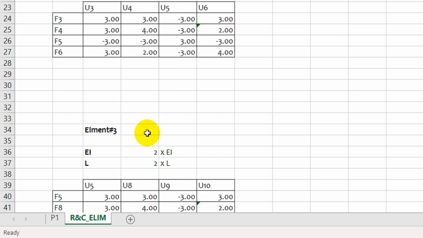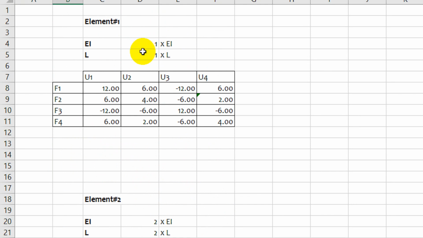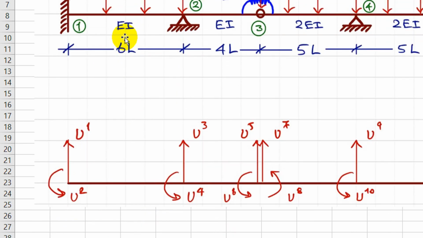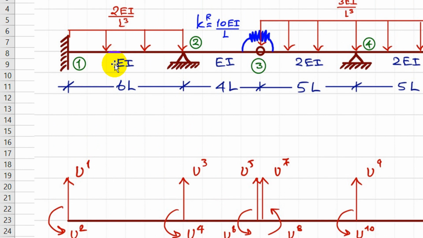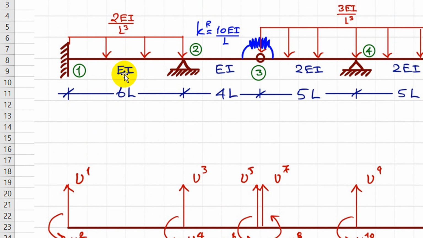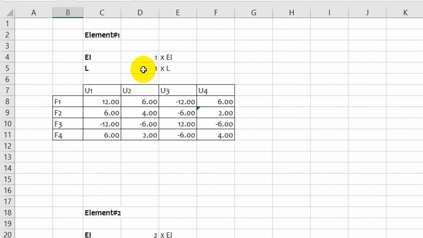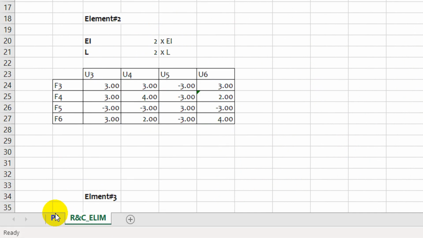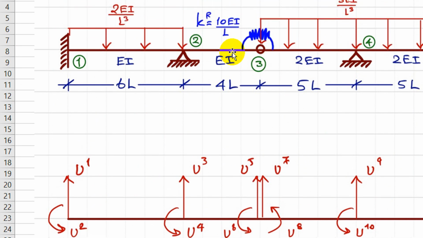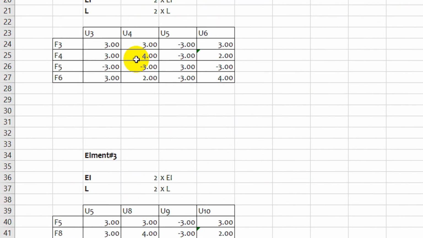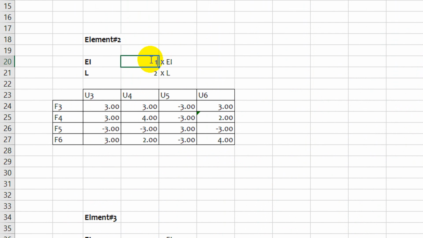All right, so now we have all degrees of freedom set up. Let us take a look a bit at the EI and L. The first one, EI scaled by 1 and L scaled by 6. Number 2, EI scaled by 1, length scaled by 4.